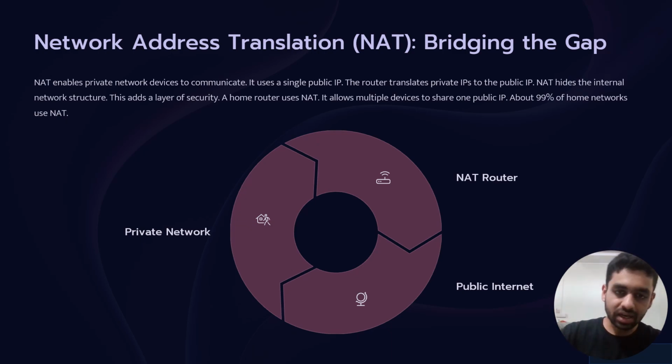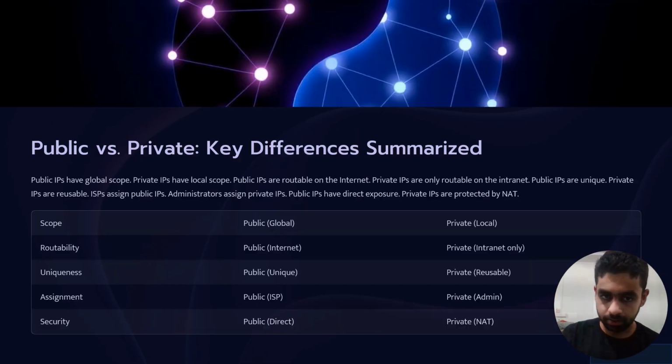Here I'll have a router with a private network with a couple of my phones and a couple of my laptops. These devices will have private IP addresses, but there will be public IP address communication between the router, the internet service provider and the global network.